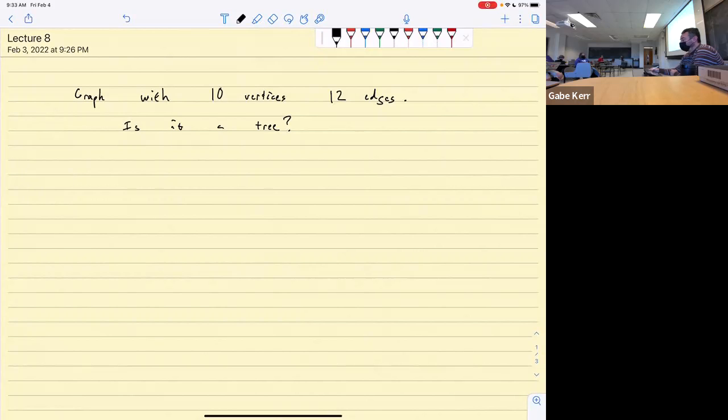Right. There needs to be... So if you have a tree, what we saw last time, one of the properties of trees, the number of edges of a tree is one less than the number of vertices. So it would have to be 9 edges, right?